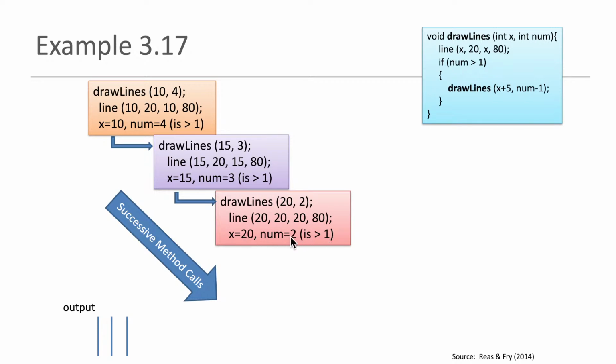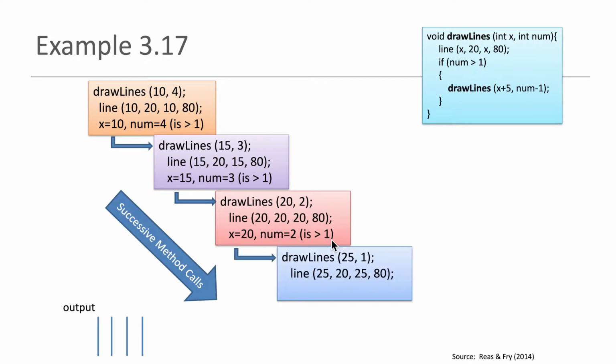Well, the number is 2, which is greater than 1. So we'll go off and call it again. This time we're calling draw lines with 25 and 1. It draws the line. Then it checks if the number is greater than 1. Now at this stage, the number is 1. It's not greater than 1, so it's not going to draw another line.